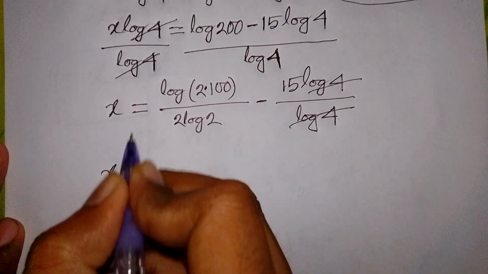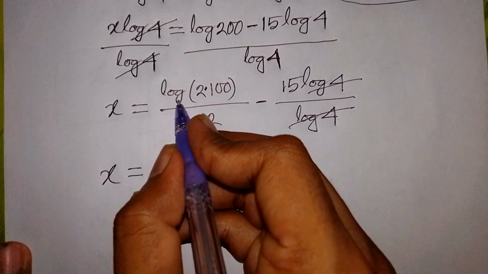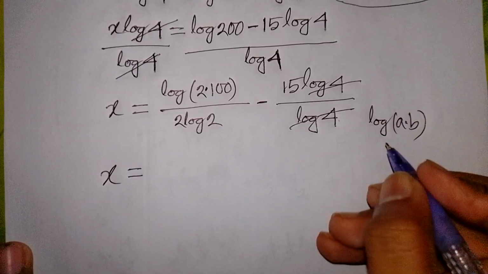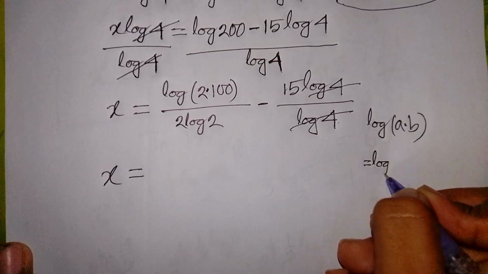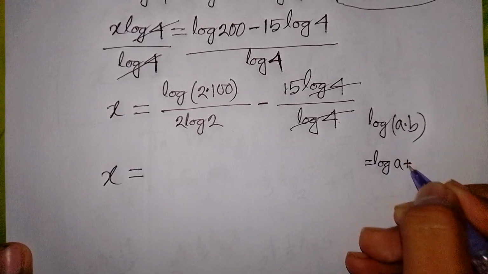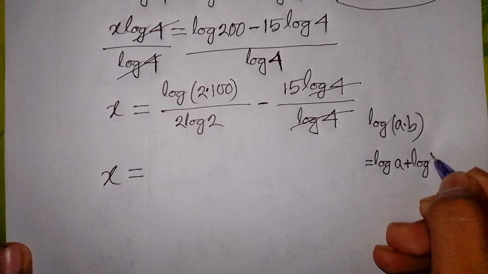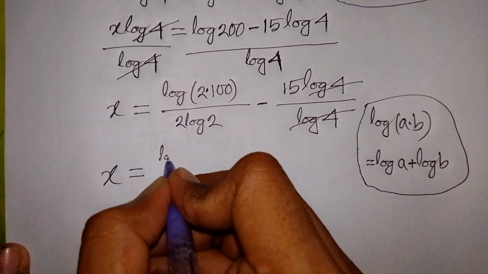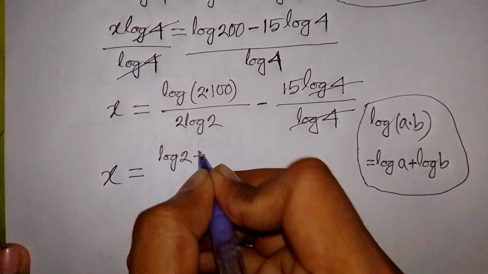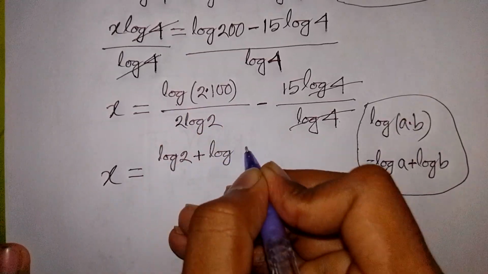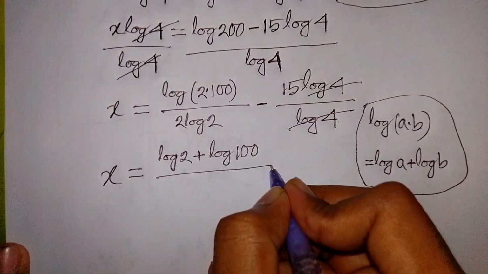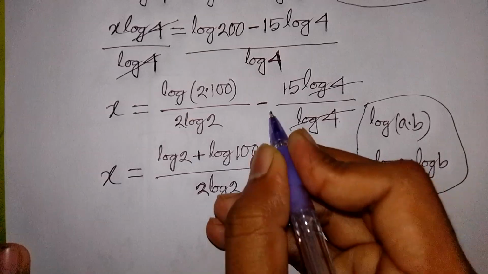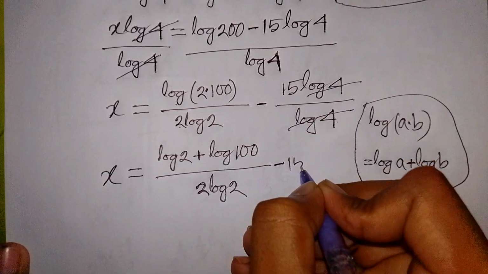In the next step, x will be equal to, here log of 2 times 100, so we apply this formula, log of a times b is equal to log a plus log b. So it will be log 2 plus log 100 over 2 log 2, then here minus 15.